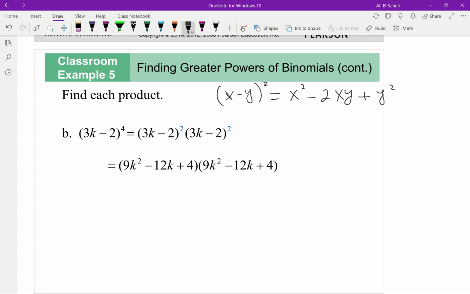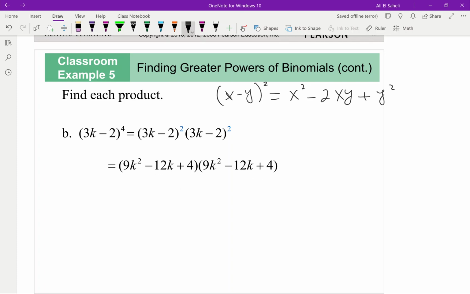Then plus 2 squared, which is 4. The second term is exactly the same, so these are identical terms. Now all we have to do is to multiply out. This times this, this times this, this times this. And then we do the same thing for minus 12k and 4.